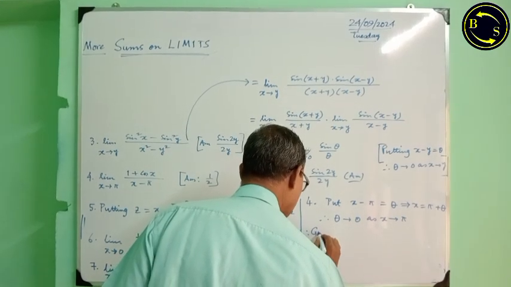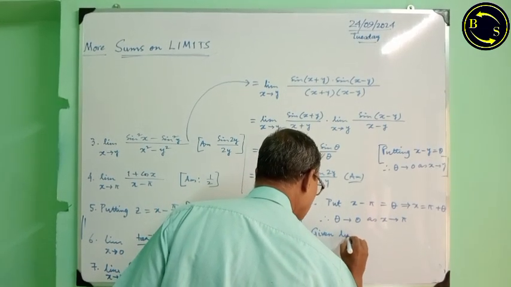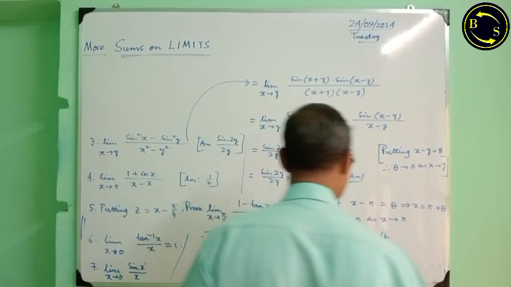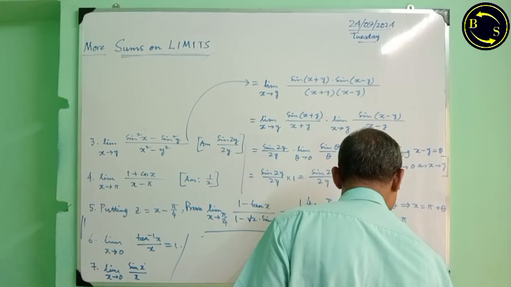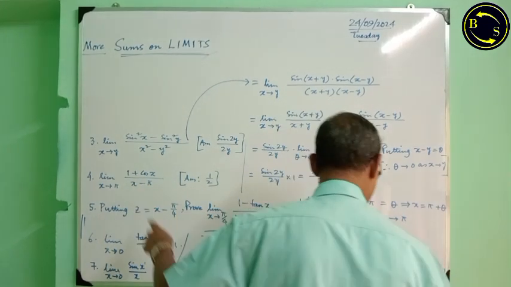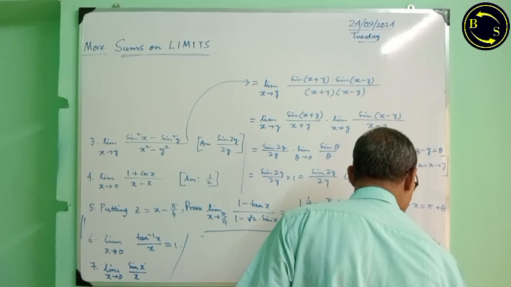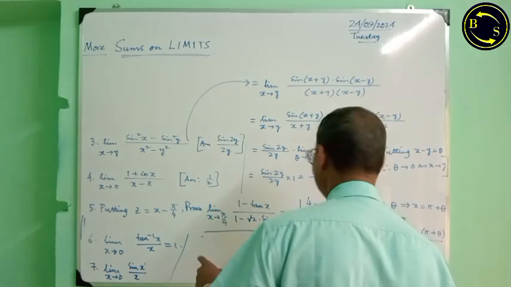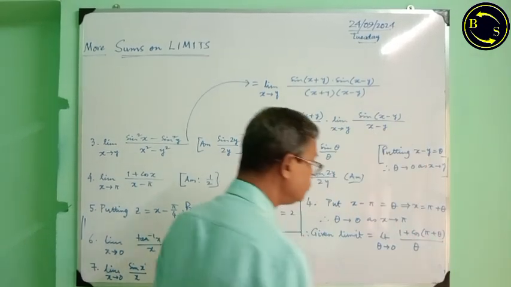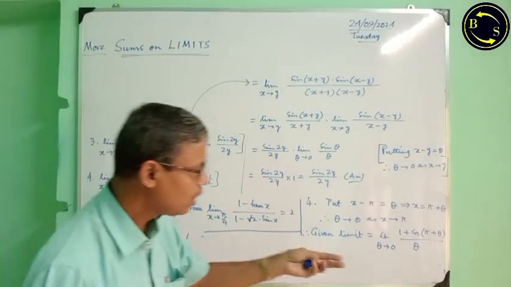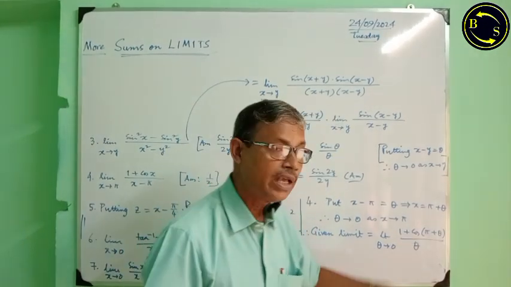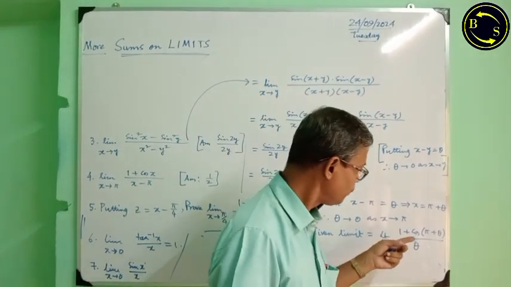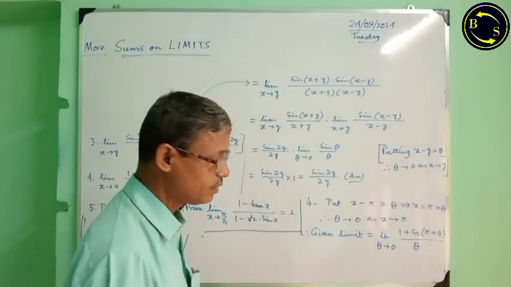Therefore, given limit is equal to limit theta tends to 0, 1 plus cos of pi plus theta divided by theta. Now, cos of pi plus theta, that means angle in the third quadrant where cos is negative.